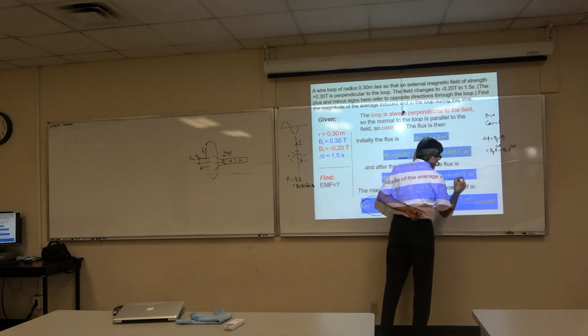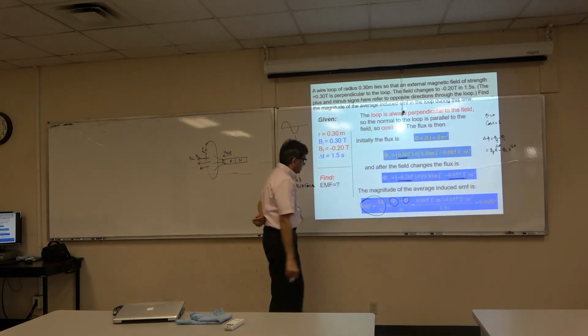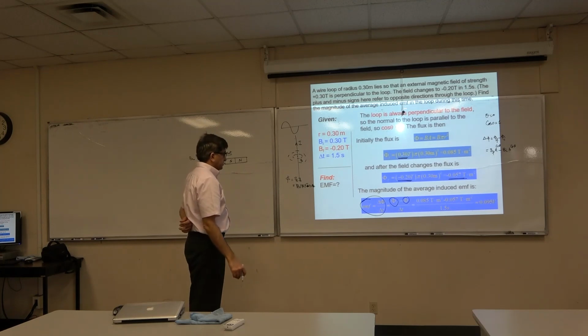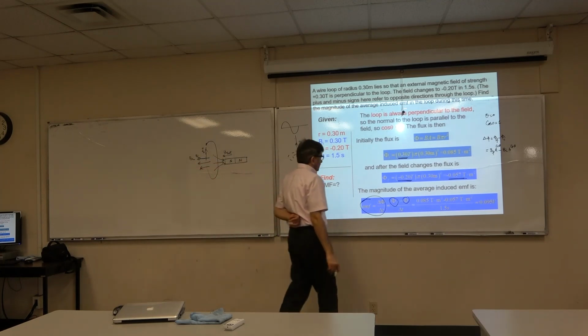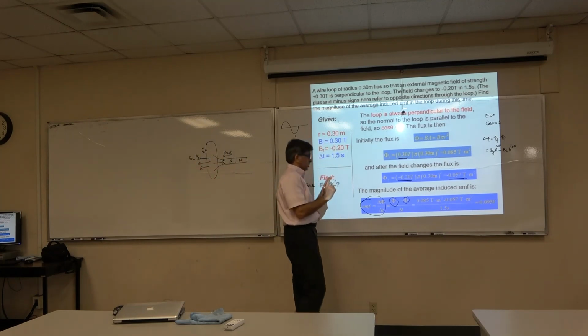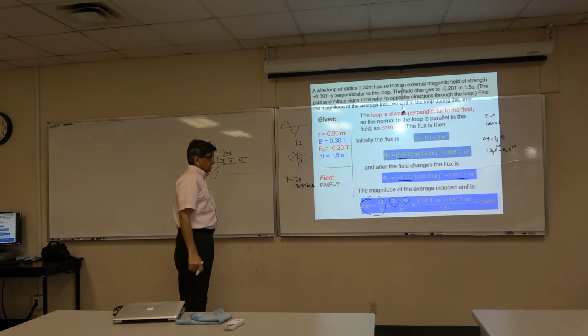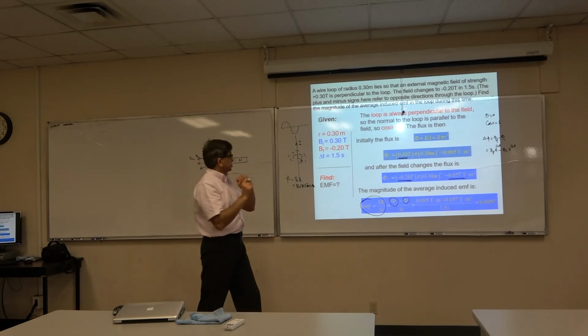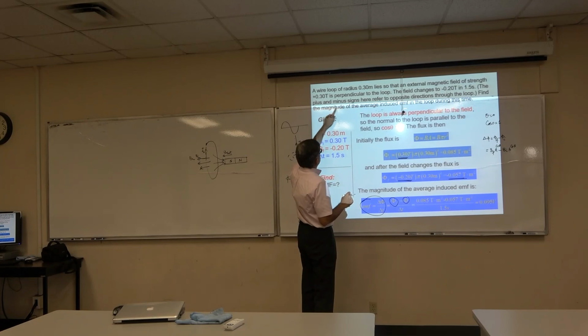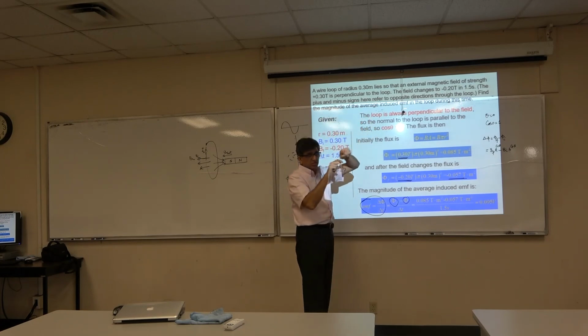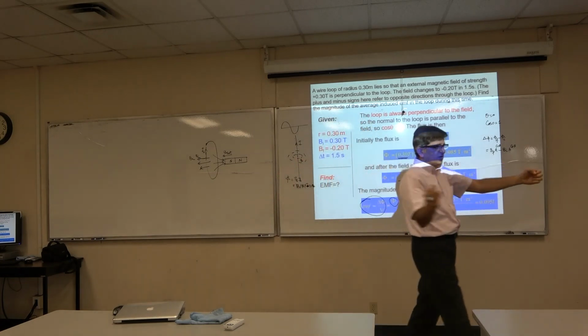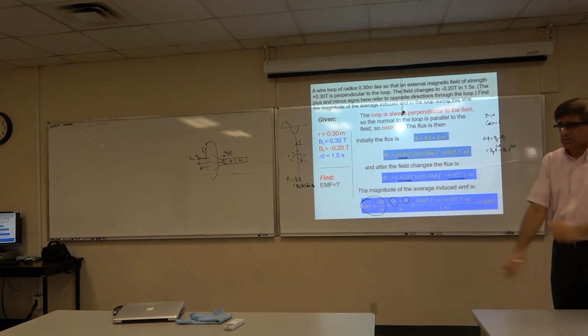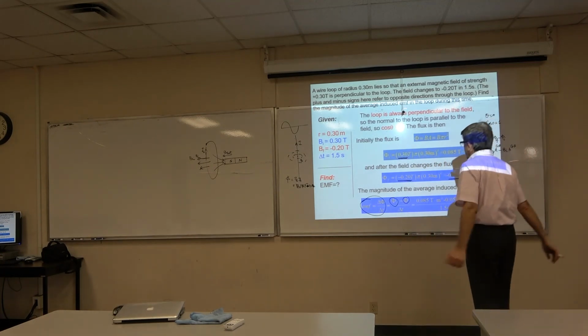This is equal to the negative of this. All right. Now the change in flux is final minus initial. As I said, the negative and plus signs only refer to the opposite direction of the magnetic field. So when you add them, there's opposite direction already.